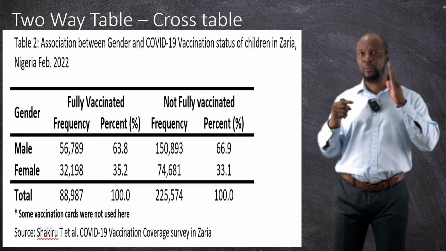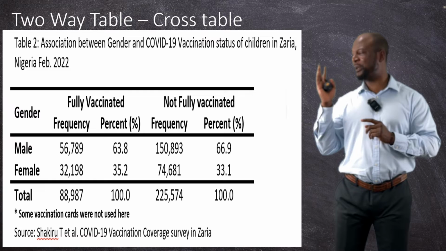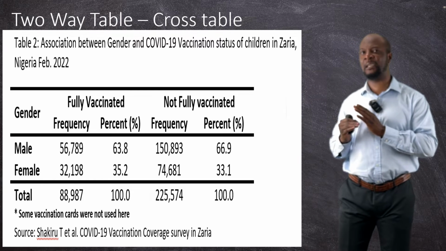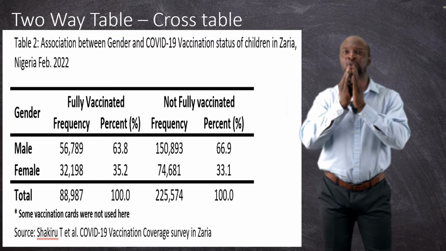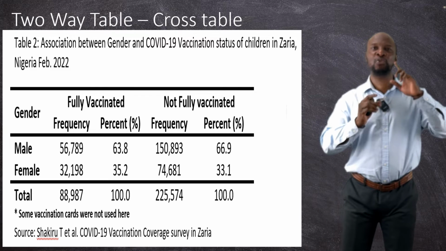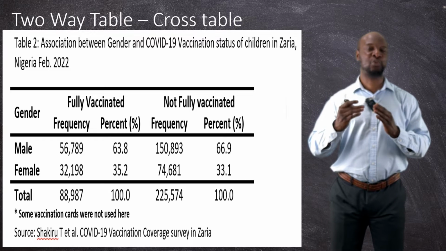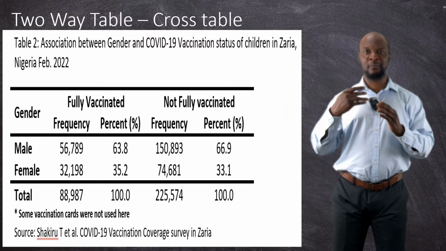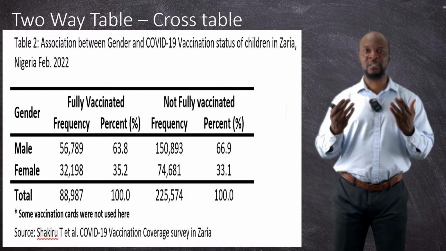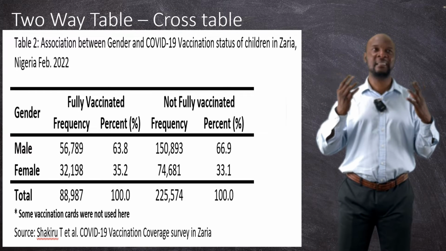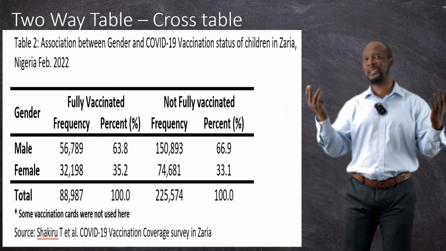So we can see how many people were males and were actually fully vaccinated, how many people were females and were fully vaccinated. The good thing about the two-way table brings us to one of the advantages of tables that I mentioned, that it allows you to compare between the different data points. If we just looked at the data, male, female, vaccinated, unvaccinated in this raw form, it doesn't make much sense to us.